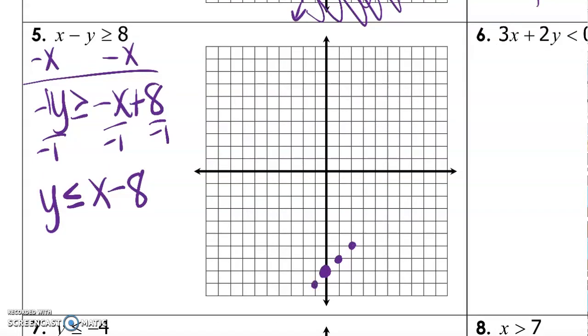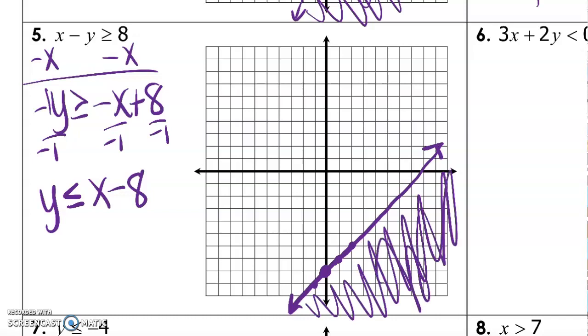We can go down 1, left 1. That is a solid line because it's an or equal to. We flipped it to a less than or equal to, so we think we should be below the line. Again, if I plug in 0, 0, 0 is less than or equal to negative 8. That's false, so I need to go to the opposite side of the line. So we did that correctly.